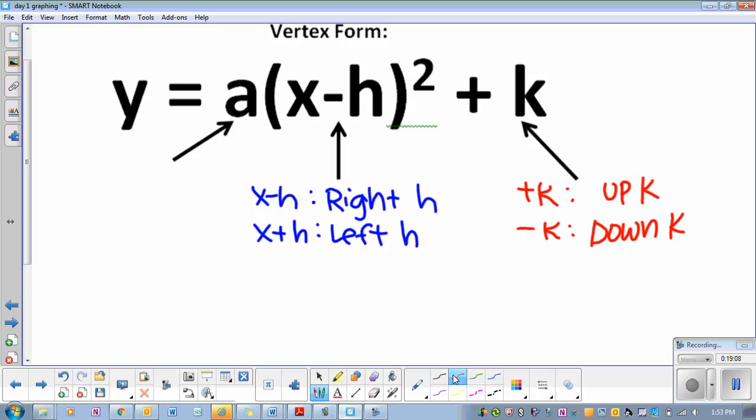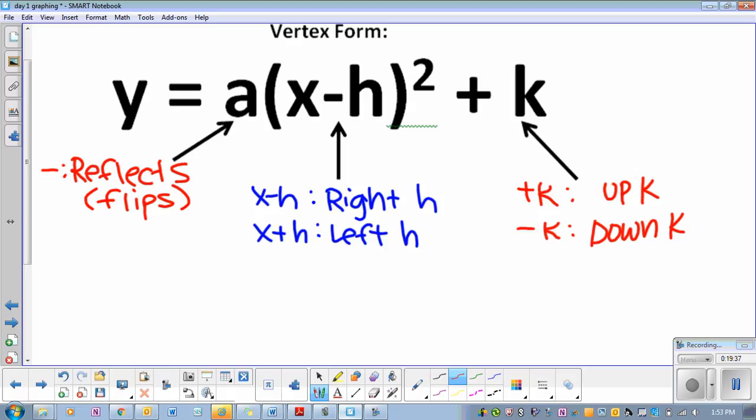So then how about this guy? How about A? A has 3 different jobs. What if it's negative in the front? What is the other thing you can do? Compress, stretch, or... Good. So if you have a negative, then it reflects or it flips. Okay?